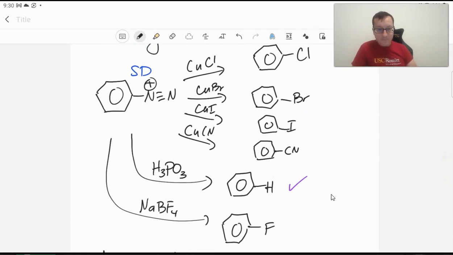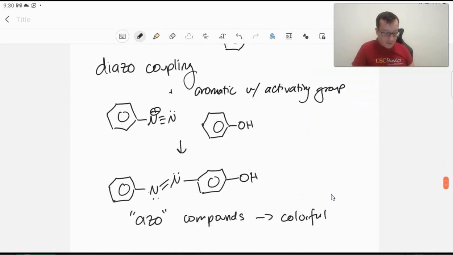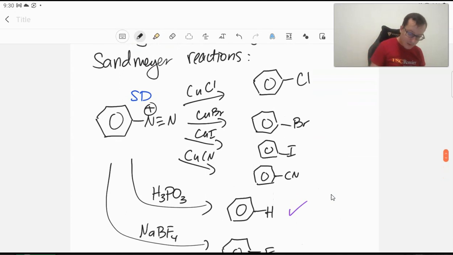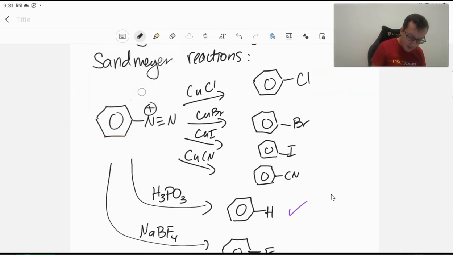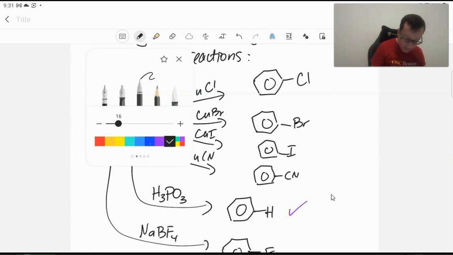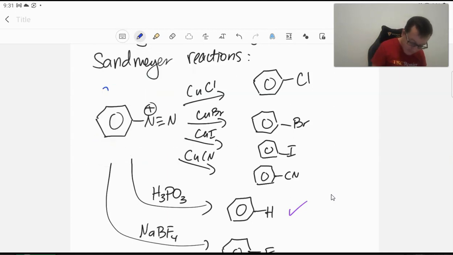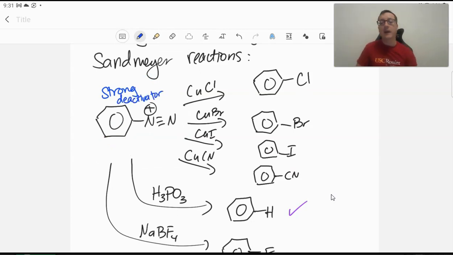So, yeah, go ahead. SD, strong deactivator. So, yeah, if you wanted to do a different reaction on this, it would be a meta director, and all that fun stuff. So it would treat it like any other strong deactivator, nitro group, whatever.